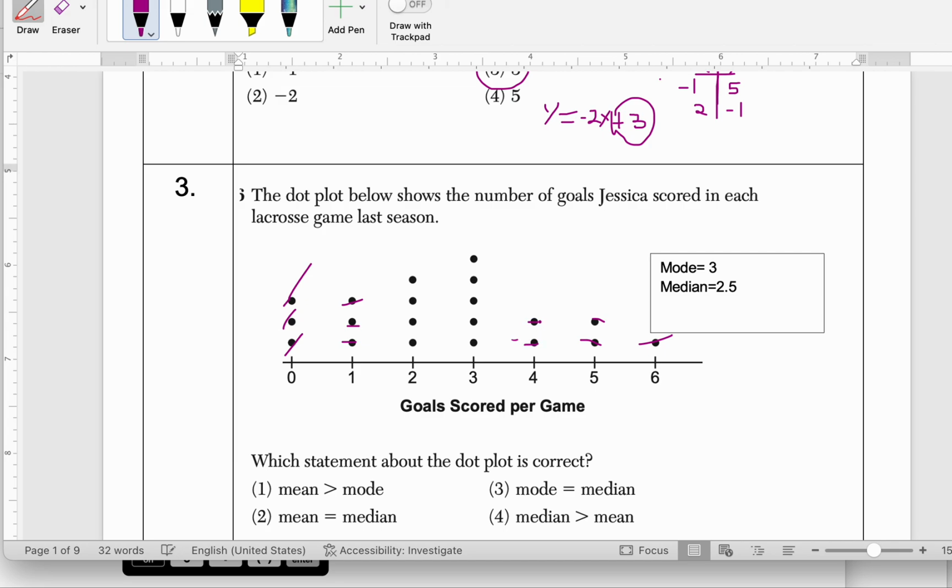Okay, so since it's an even number here, it falls between 2 and 3.